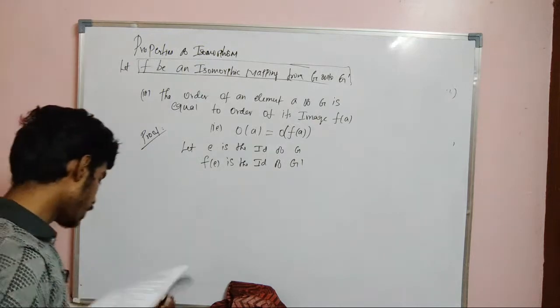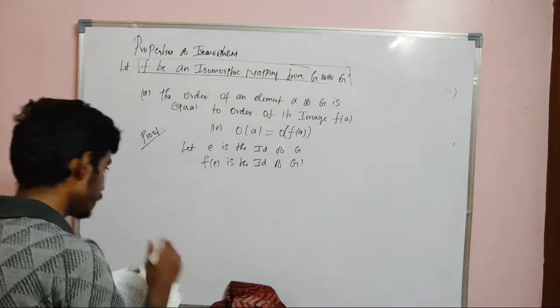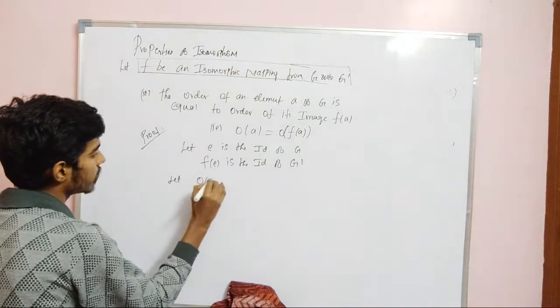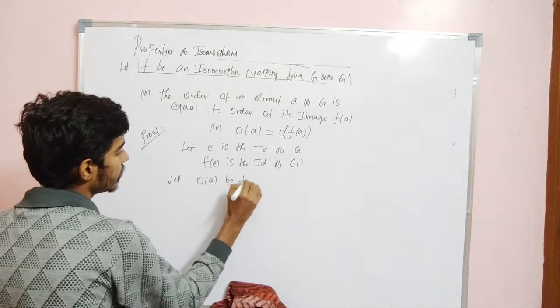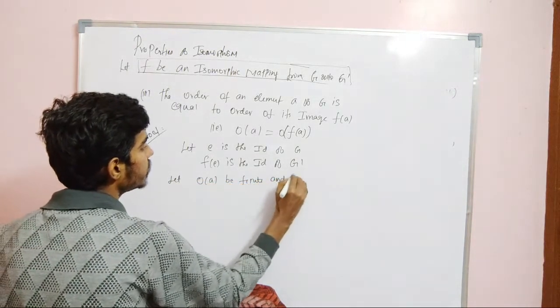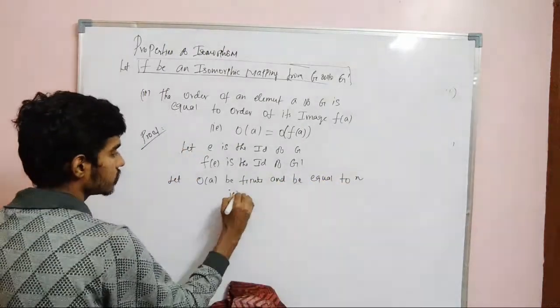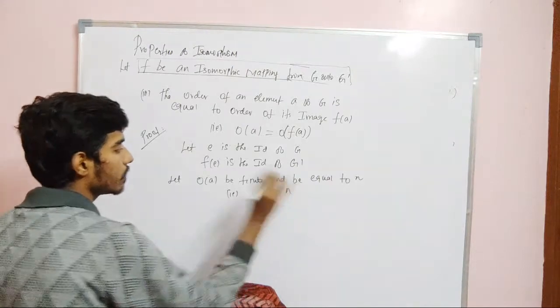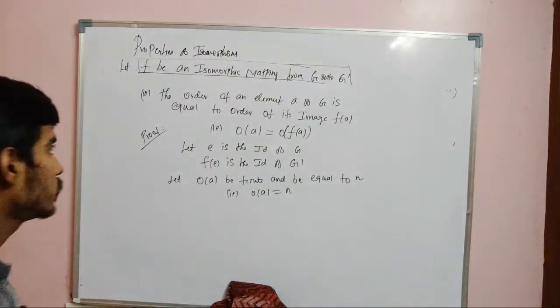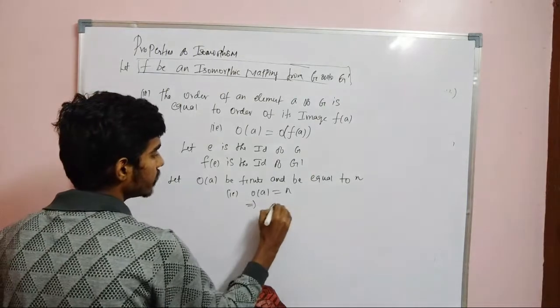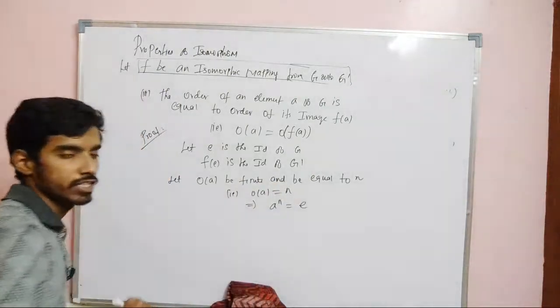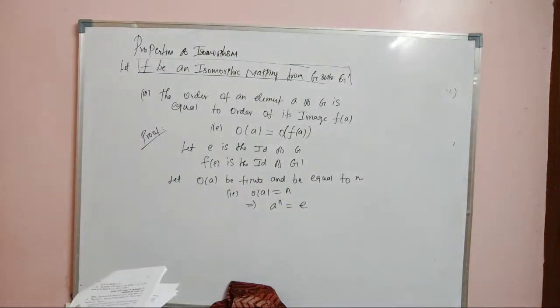Now let the order of a be finite and equal to n. I am assuming that it is finite and it is equal to n. So order of a equal to n means a power n is equal to e. This is my definition. Order n means a power n is equal to e. So a power n is equal to e.